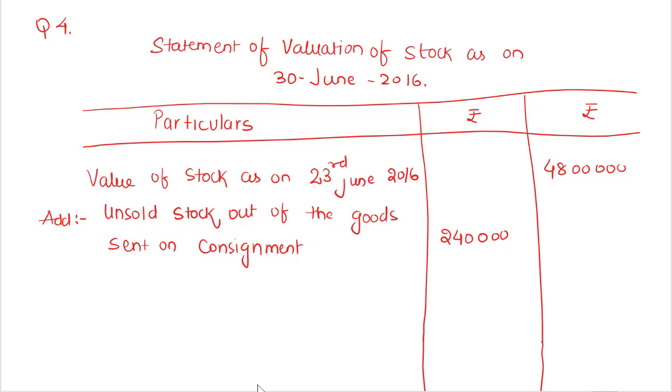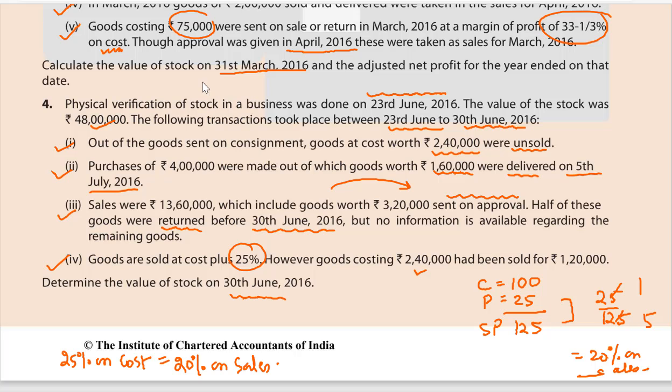We had taken the stock on 23rd June 2016, and we have to determine the value of stock on 30th June 2016. So whatever purchases we have made from 23rd June to 30th June 2016 should be included in the closing stock. Just read point number 2. Purchases of 4 lakhs were made, out of which 1,60,000 were delivered on 5th July 2016.